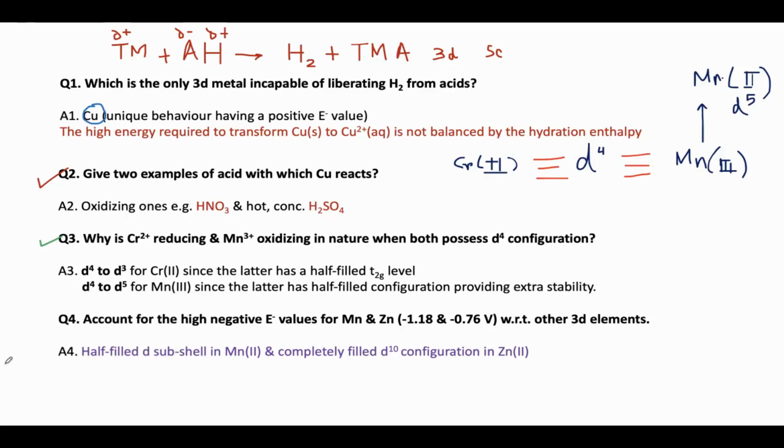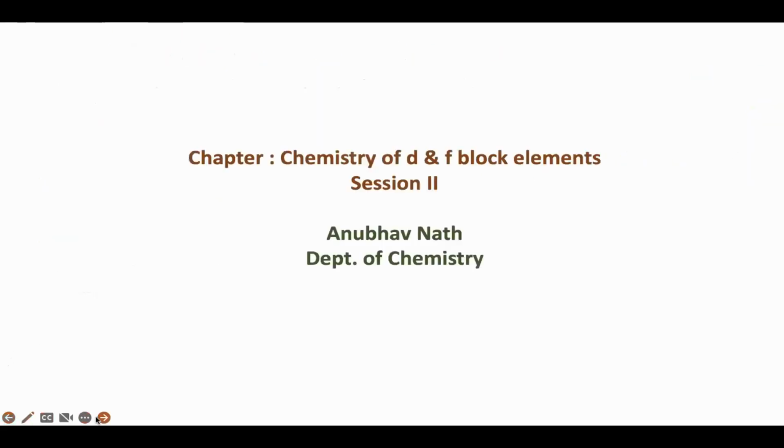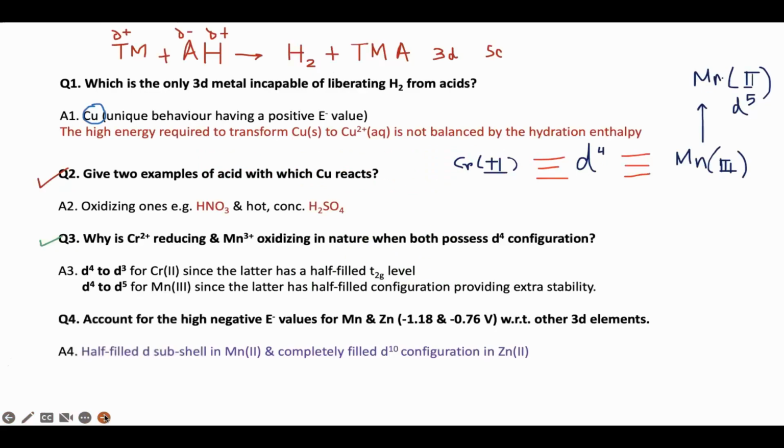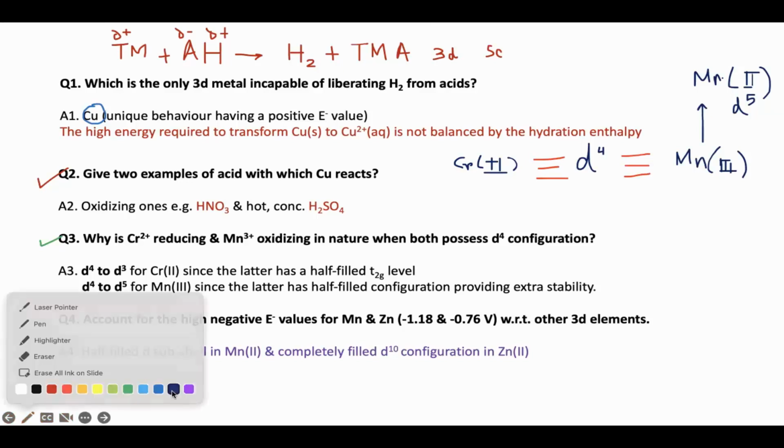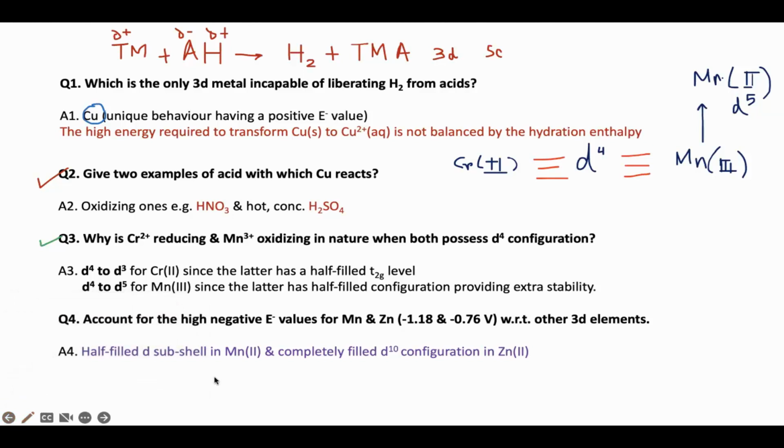Now manganese 3 wants to go to Mn2. So it accepts one electron in its d orbital. If it is accepting one electron, it is an oxidizing agent. The case for chromium is completely reverse, because chromium 2 wants to go to chromium 3.